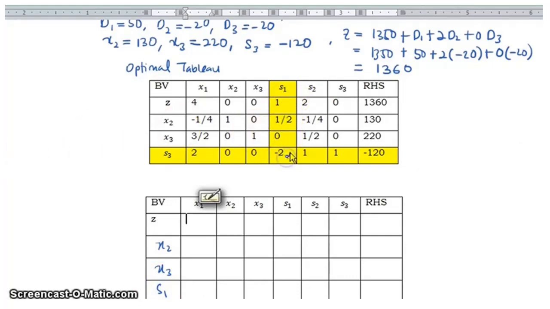Okay, we need to change the coefficient of S1 in row 3 from -2 to 1. Therefore, the ERO for row 3 is -1/2 times R3. We multiply every coefficient in row 3 by -1/2.